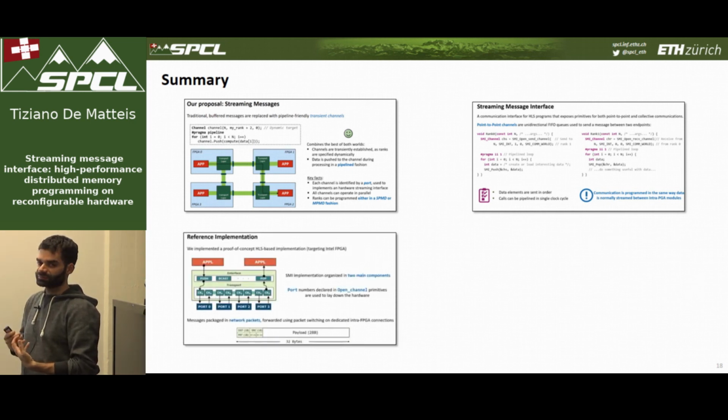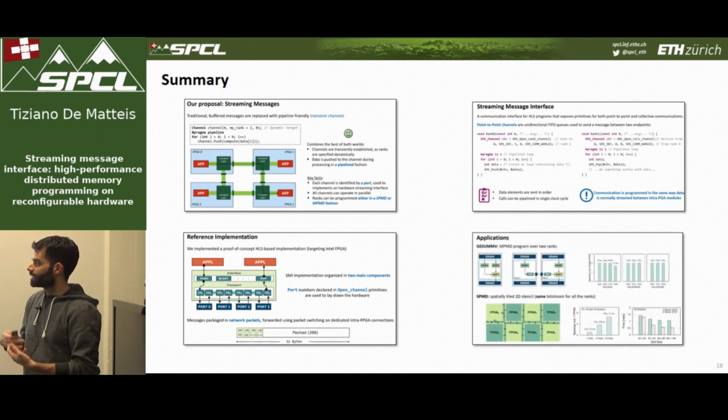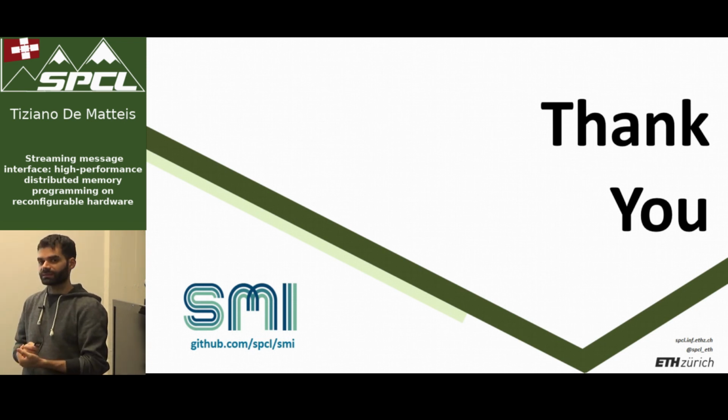We released a reference implementation that targets inter-FPGA communication, and we also evaluated it across different micro benchmarks and different applications in order to evaluate its effectiveness. So SMI is publicly available, and you can find it on our GitHub repository.